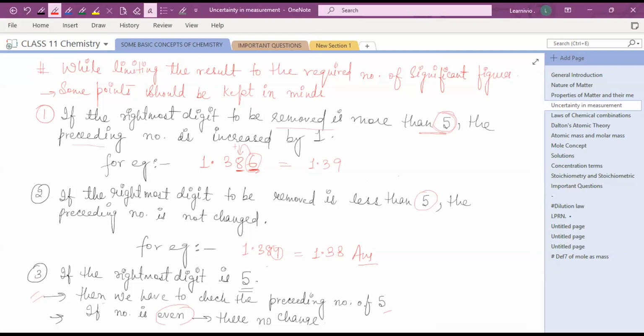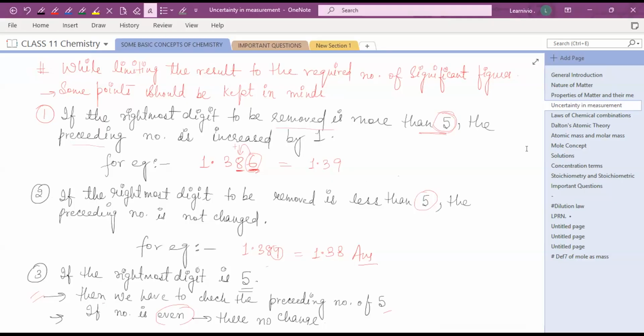I think the time is almost up, so we will start the law of chemical combination, Dalton's atomic theory in the next class. And after that, we will start with the atomic number, molar mass, concentration terms, stoichiometry. 1 to 2 classes more to complete this chapter.